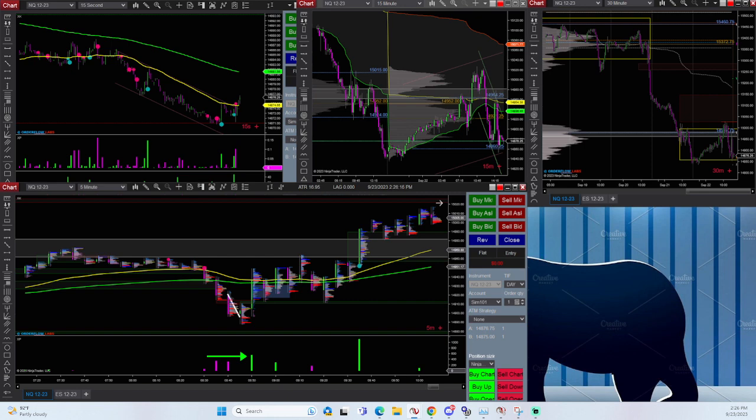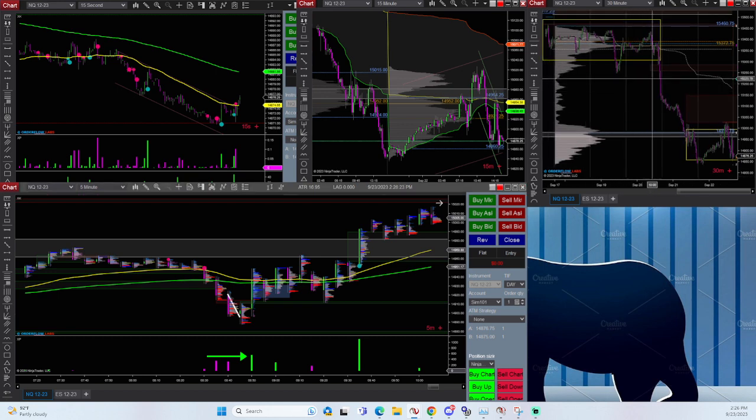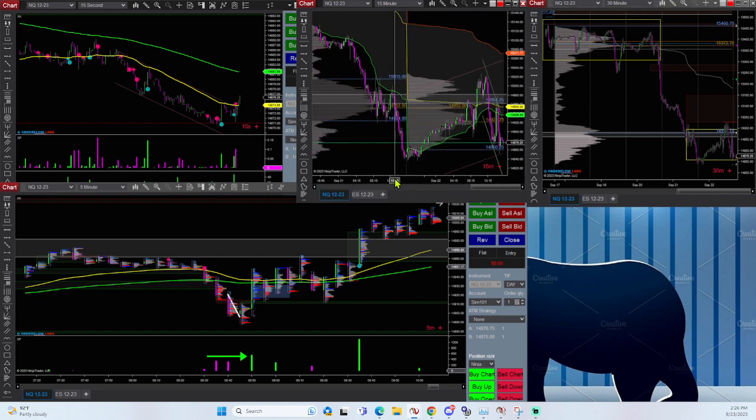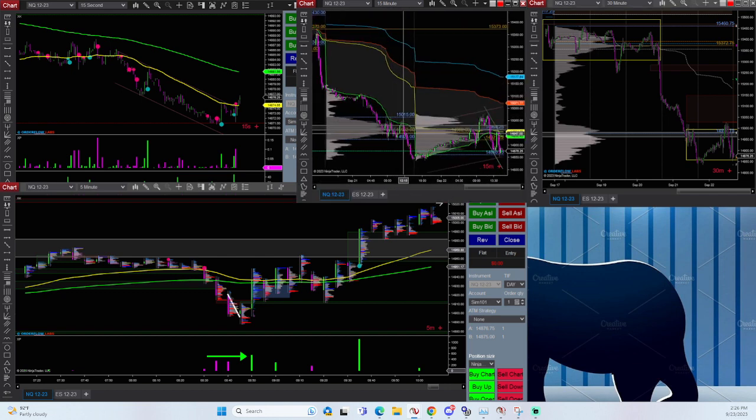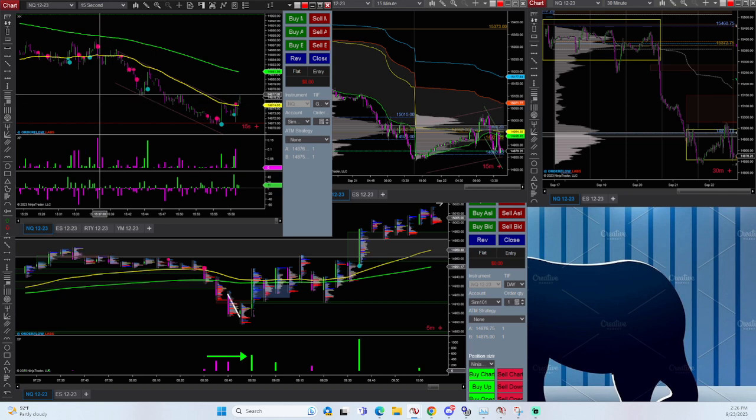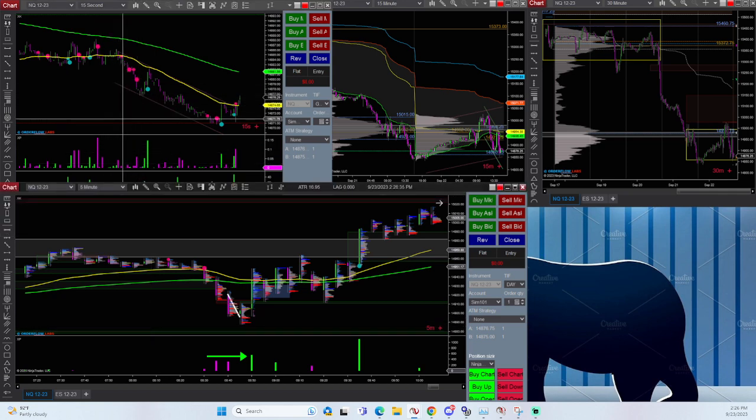So hopefully this wasn't too long, too boring, but this is my layout that I trade. Top right hand corner, 30 minutes, weekly profile. Right here's 15 minutes with daily profiles. Then I have a super fast chart, which is the 15 seconds. Same thing with that pace, and that's what I look at, and that's how I trade.